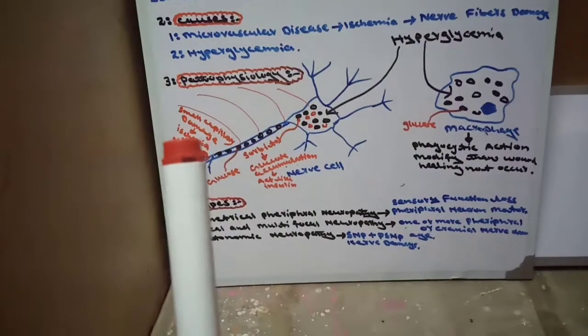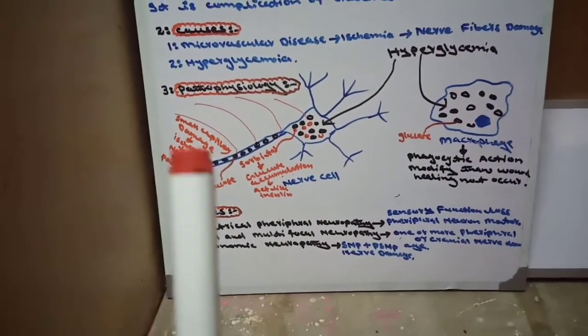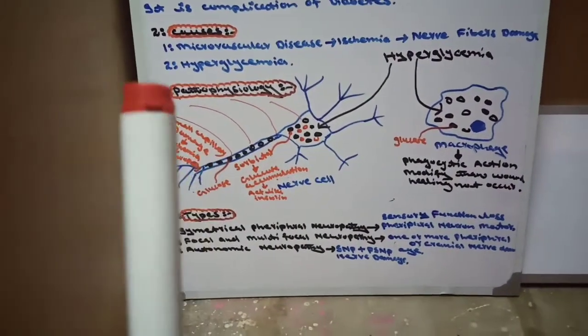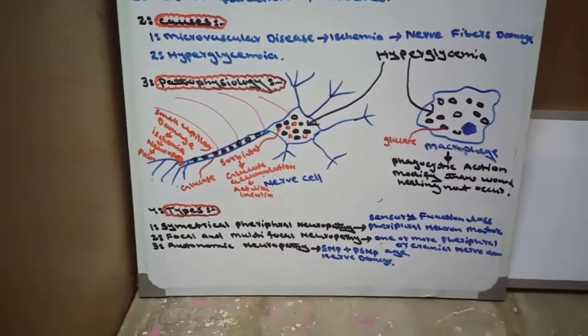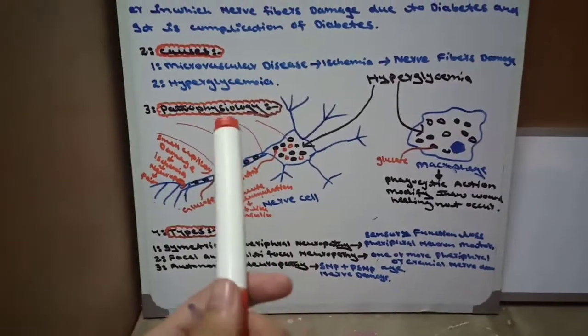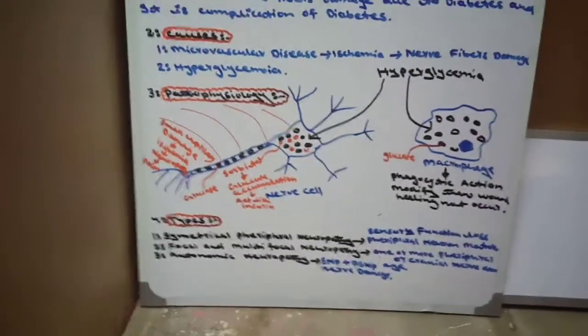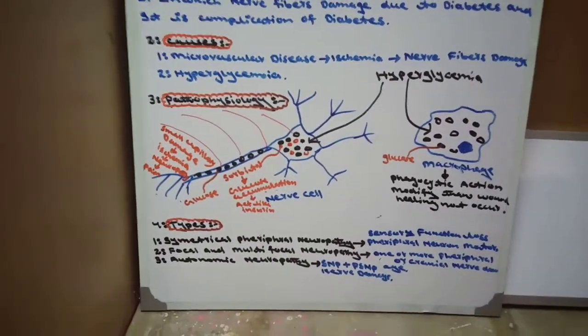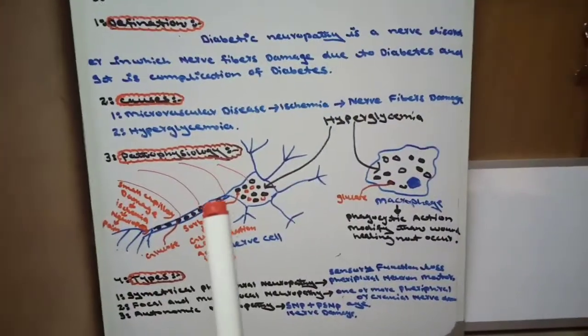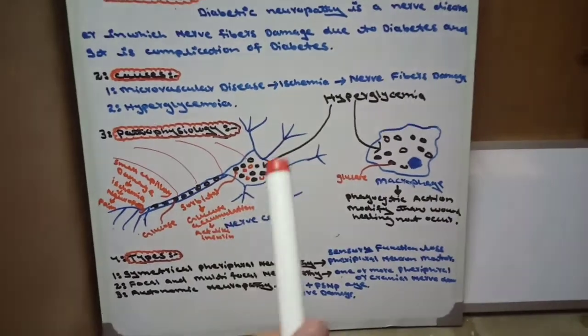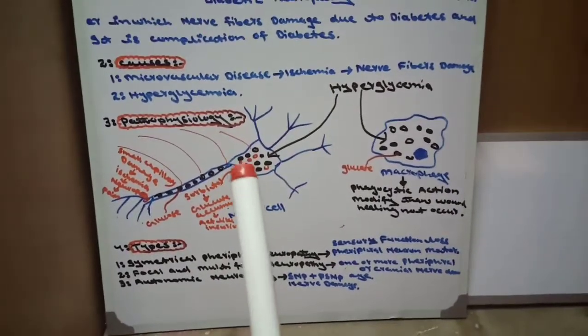Number one, due to ischemia, due to microvascular damage in diabetes. Like in myocardial infarction, due to ischemia, pain occurs. Same in the abdomen. Number two, due to neuropathy, pain occurs: when a nerve cell is damaged, pain also occurs.